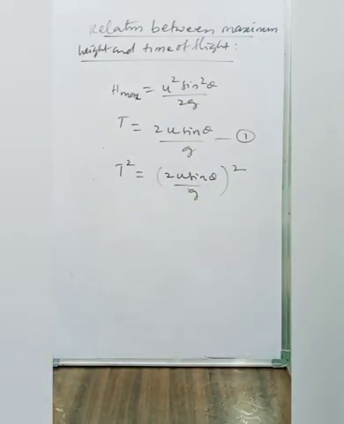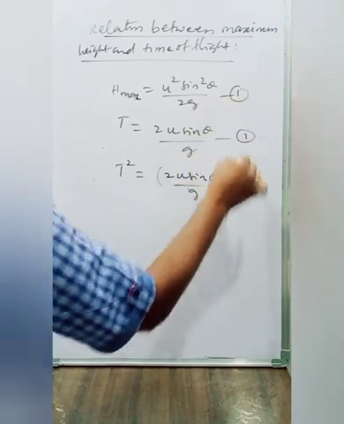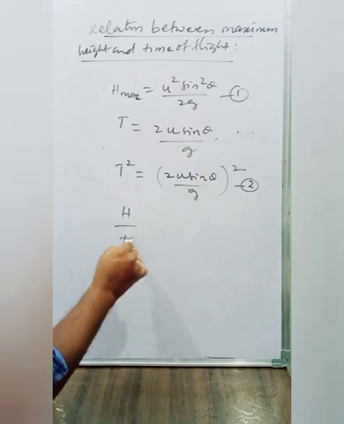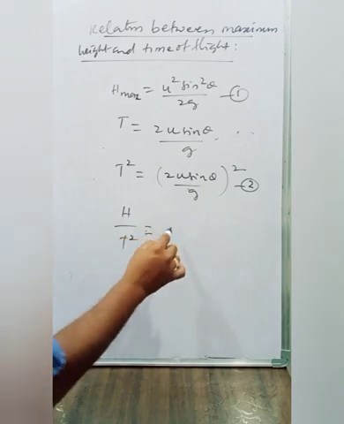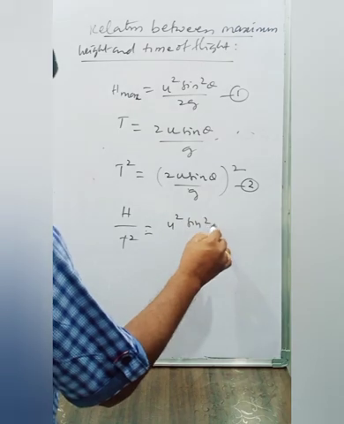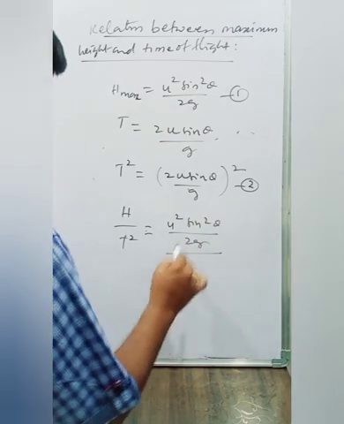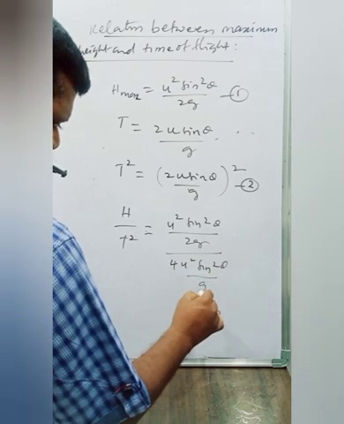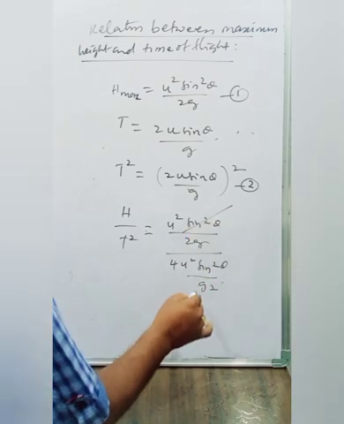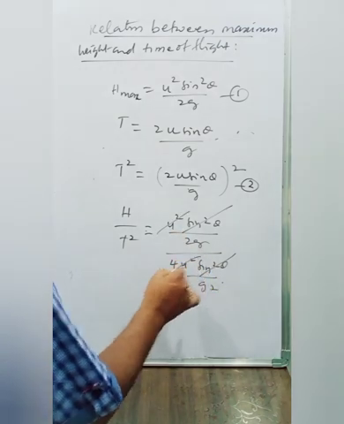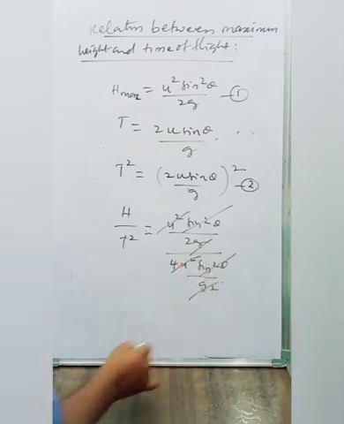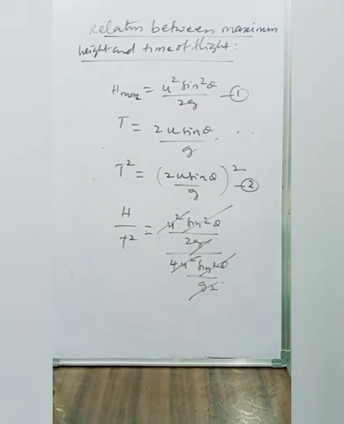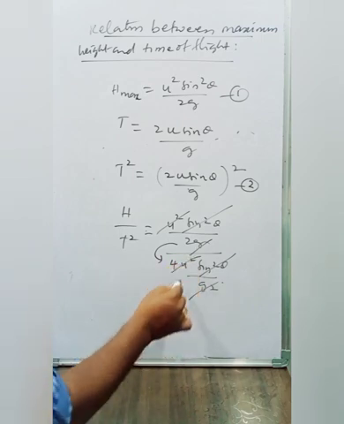Then dividing equation 1 by equation 2, we get h by t square is equal to u square sin square theta by 2g divided by 4u square sin square theta by g square. Here sin square theta cancels, u square cancels, one g cancels. Then the 2 and the 4 multiply and g will be there.